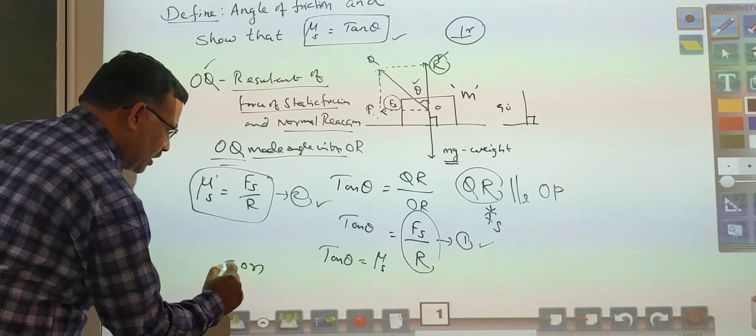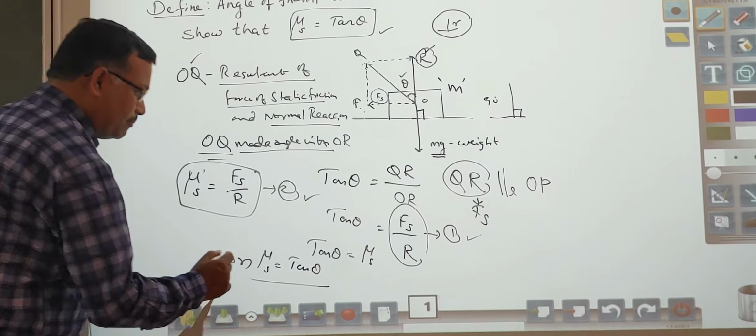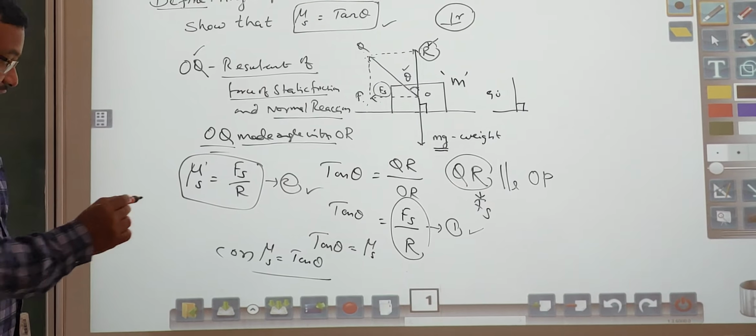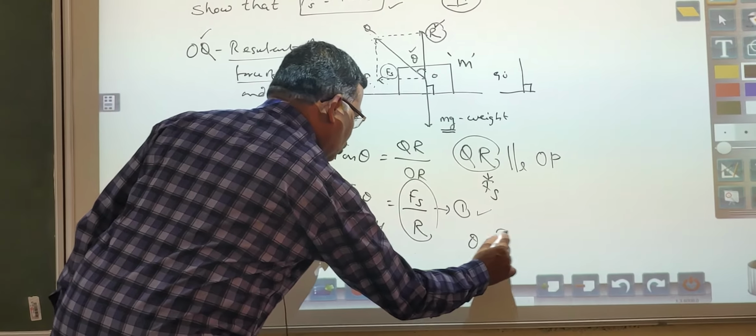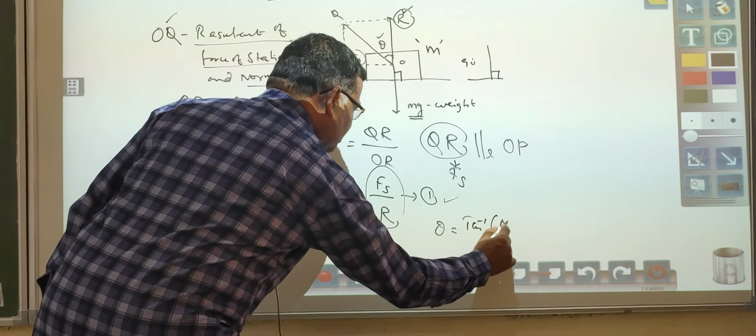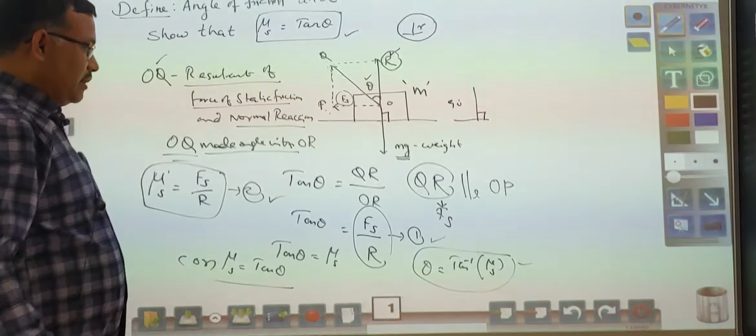Otherwise, we can write mu s is equal to tan theta. Both are the same. Theta is called the angle of friction. So finally, we can write theta is equal to tan inverse of mu s.